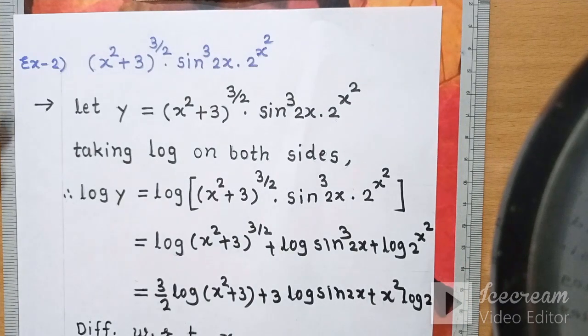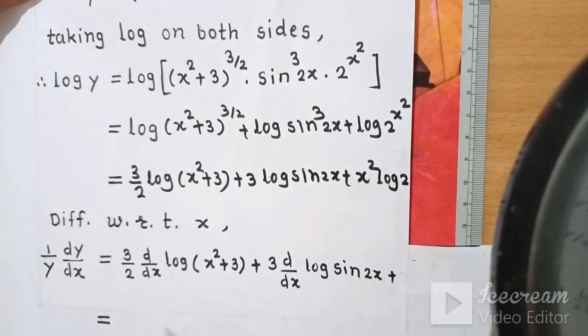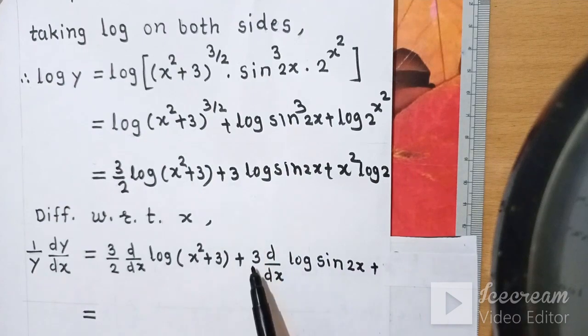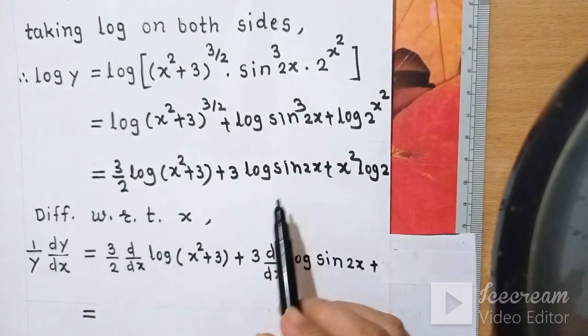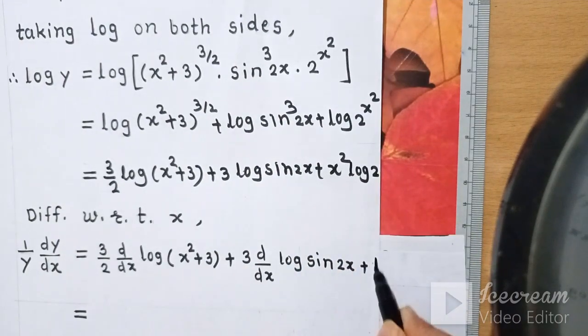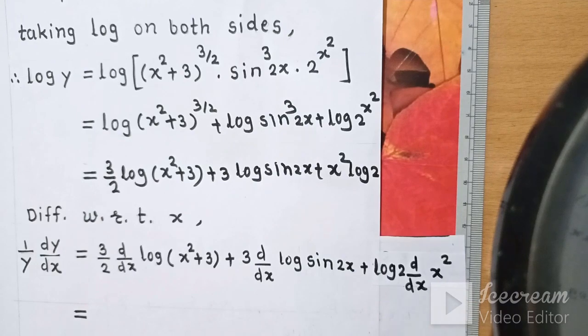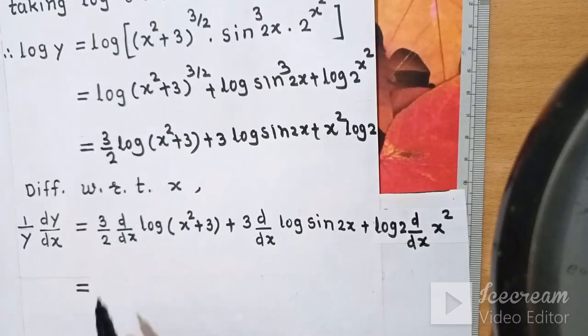Now differentiating with respect to x, we take constants outside and differentiate the rest. Here also 3 outside, d by dx of this, and here log of 2 is constant and d by dx of x square. Now find the derivative.